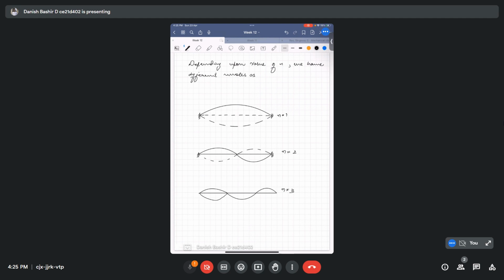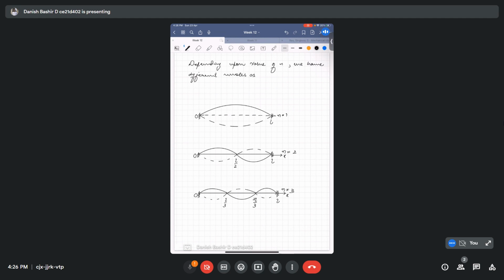For n equal to 3, fixed at both sides, the values are 0 at the ends, and the mode will cut at L by 3, 2L by 3, and again L. So this is the x-axis.